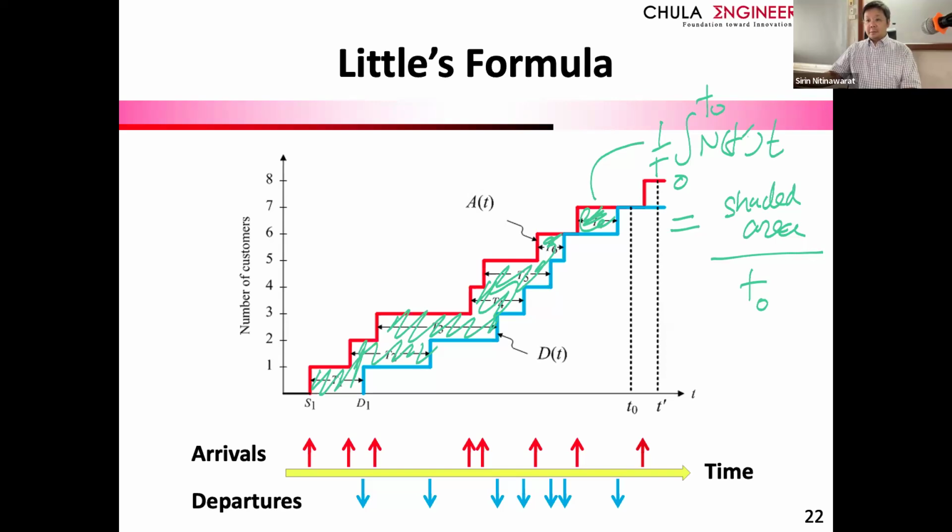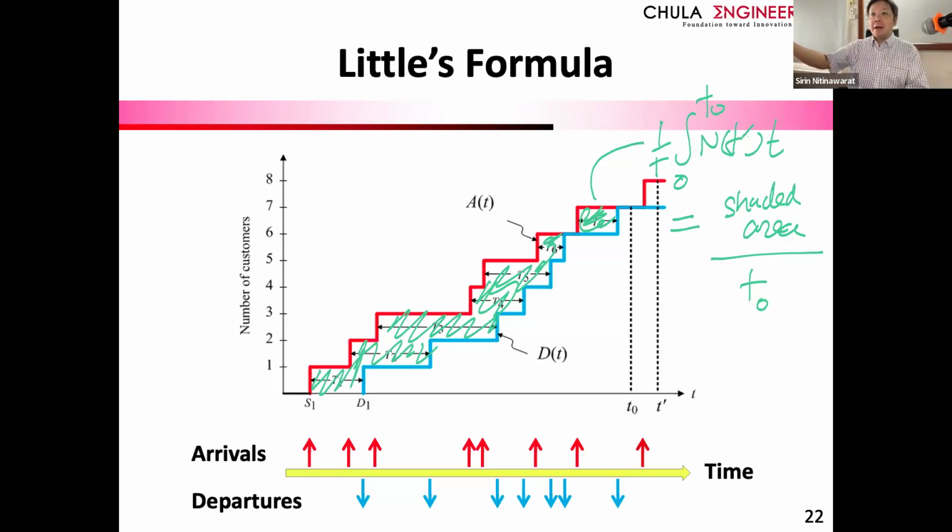Correct? But remember, little formula relates the average number of customers to the quantity on the right-hand side, which is the average time each customer spends in the system. So now that I know the left-hand side is related to this shaded area, I have to start relating it to the different times different customers spend in the system.